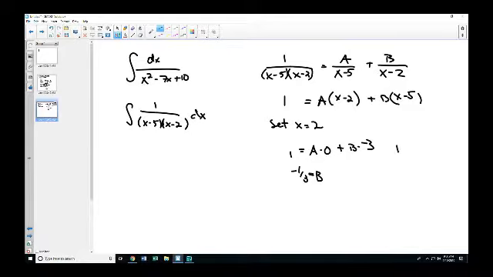1 equals negative 3B. And A is positive 1/3.